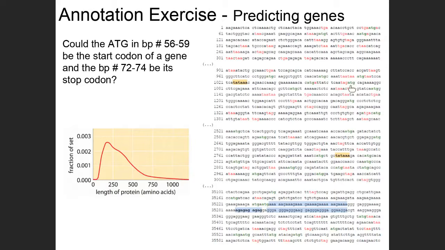Where does this gene start? Is it here or is it here? And then it counts how many nucleotides upstream that TATA box is. So this TATA box here is something that the RNA polymerase uses to know where to bind.